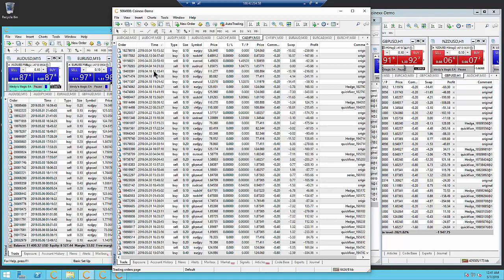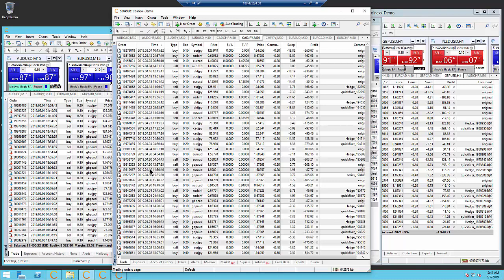But when I sort them by the time that the trades entered, we can see that the oldest trade in here is from March 4th. All of the January trades came out, all of the February trades came out. We still have one trade from March 4th. We have another trade from March 13th. And then we have quite a few trades from April, right?